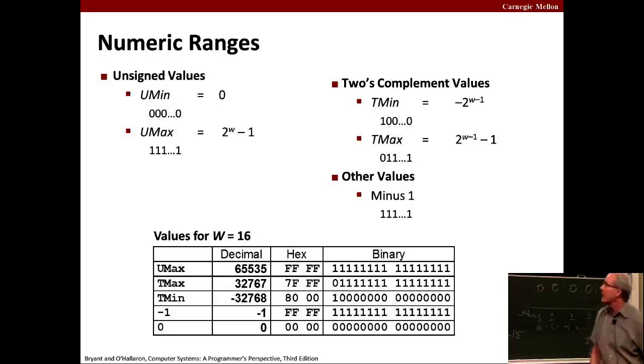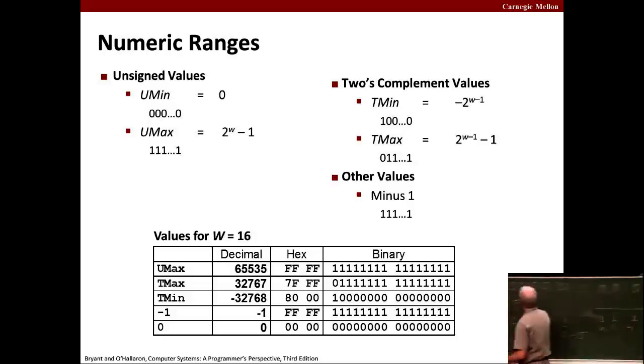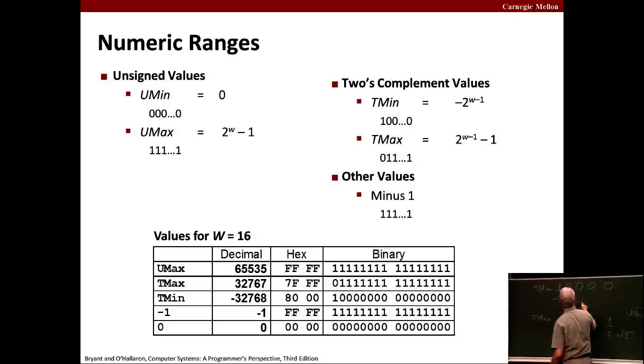And that's what this shows. And similarly over here, this is minus 2 to the 4th. And so we'd say in general that will be minus 2 to the W minus 1, if it's a W-bit number.